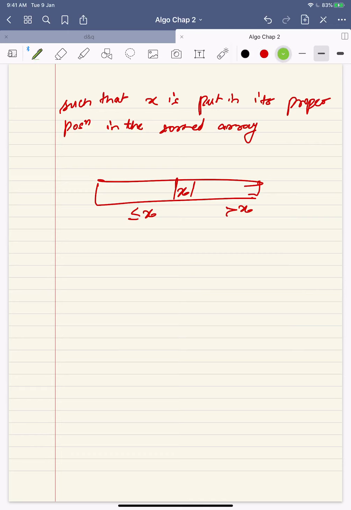But these may not be sorted. So that is the idea. Now you have two subarrays, and you can recursively sort them because x is in its proper position. You sort from here to here and here to here by the same logic.